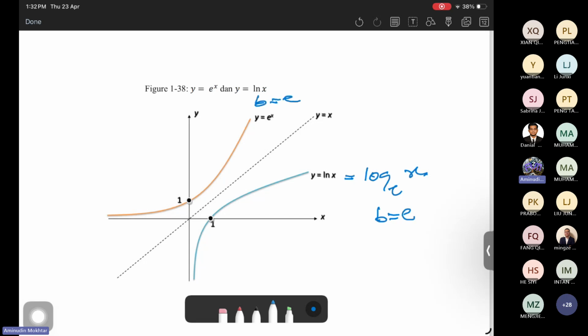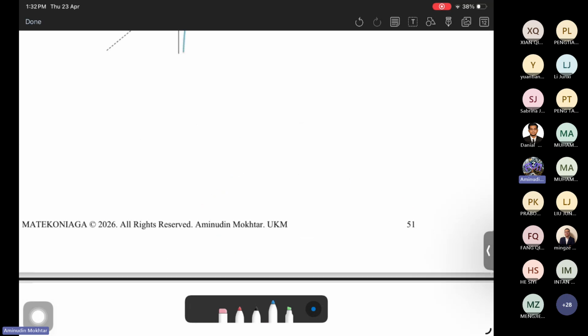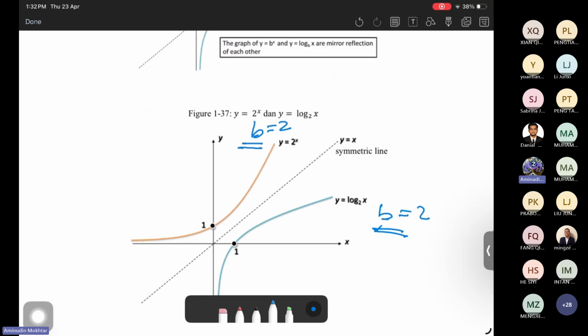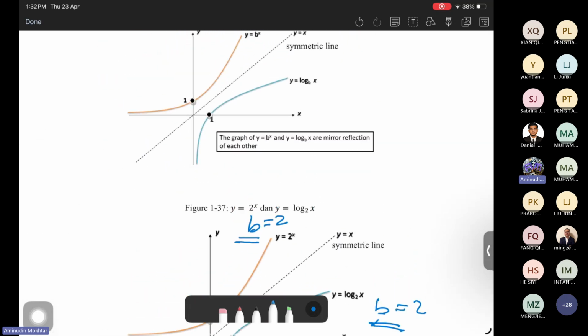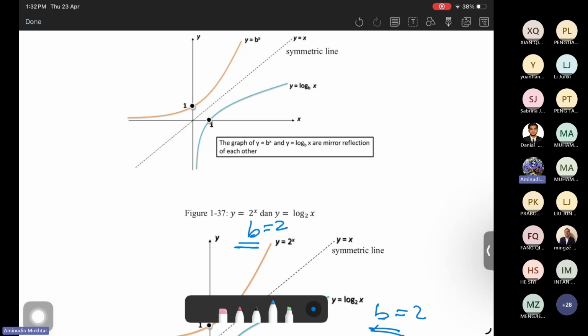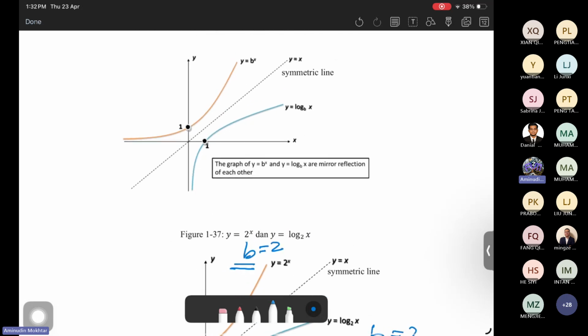The same base, but the first one is for log, the second one is for exponent. That's the description of the graphs for the exponent and the log.